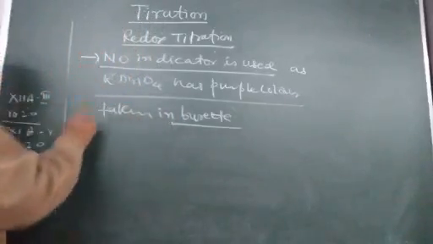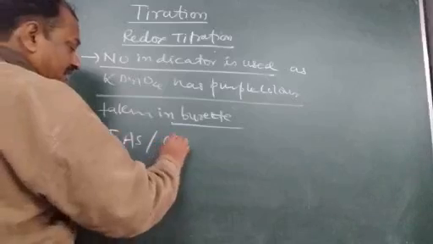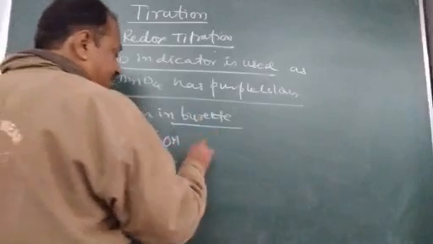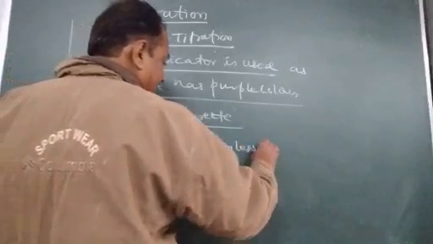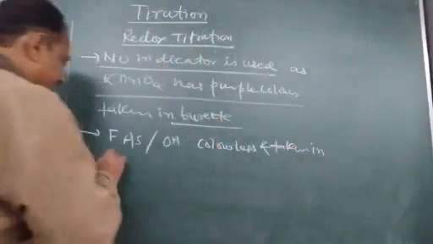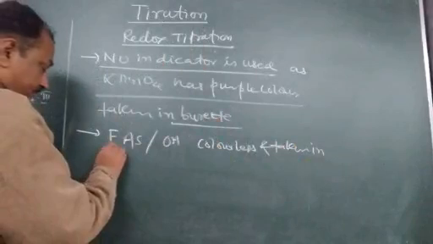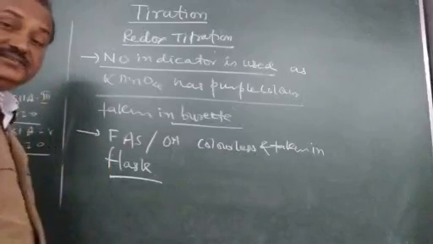This is the first point. Second point, FAS or oxalic acid, they are colorless and taken in the flask.